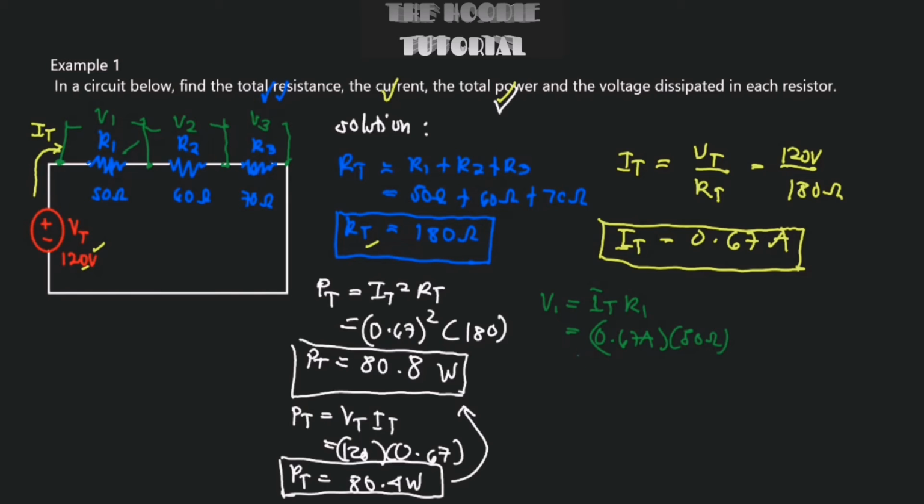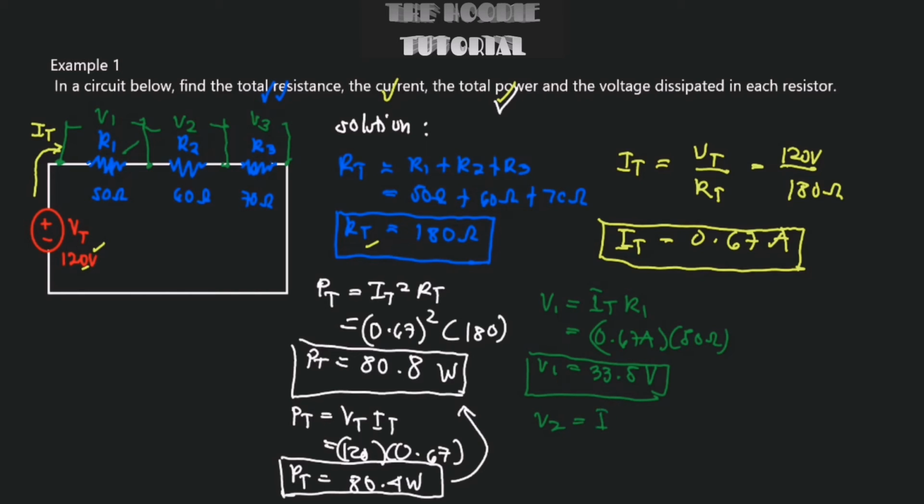So we would have a V1, or a voltage drop across resistor 1, of 33.5 volts.